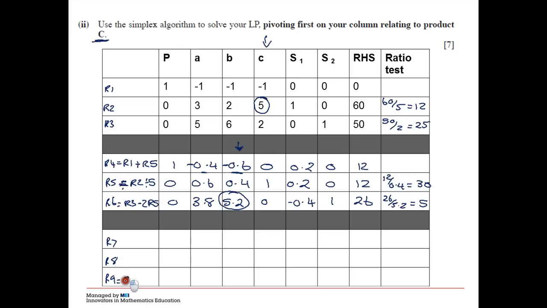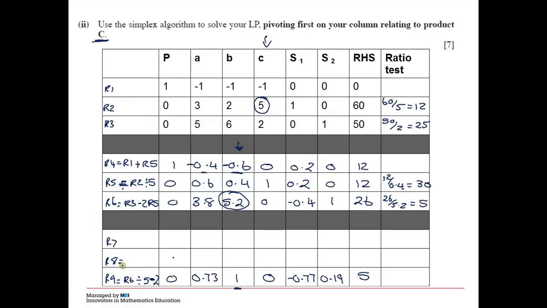So row 9 is going to be our old row 6 divided by 5.2. And this is where things start to get nasty. So if you work these out in a calculator, you don't tend to get nice answers like 0.73. You're going to get a lot of decimal places, and it's not that important, to be honest with you. In this particular case, what we are interested in is getting these basic variables correct. So a couple of decimal places worked out on the calculator is fine.